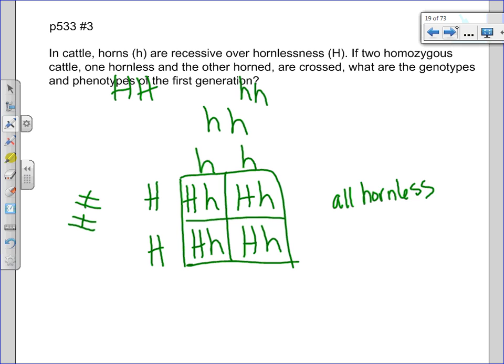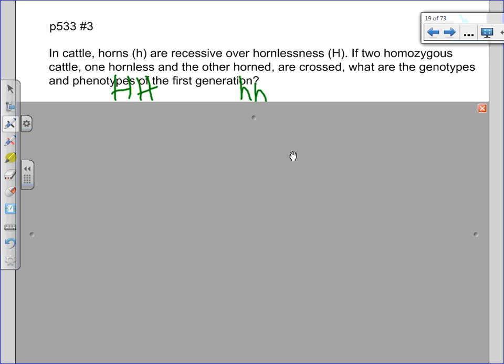So they worked on the problems that were assigned. Number 3 said in cattle, horns are recessive over hornlessness. So if they're hornless, then they're showing the dominant trait, big H. If 2 homozygous cattle, one hornless and the other horned, are crossed, what are the genotypes and phenotypes of the first generation?